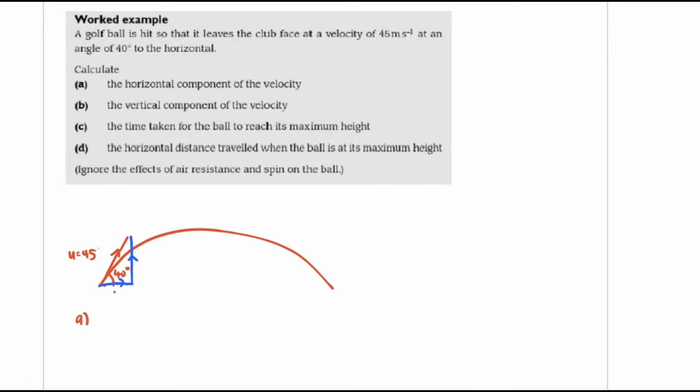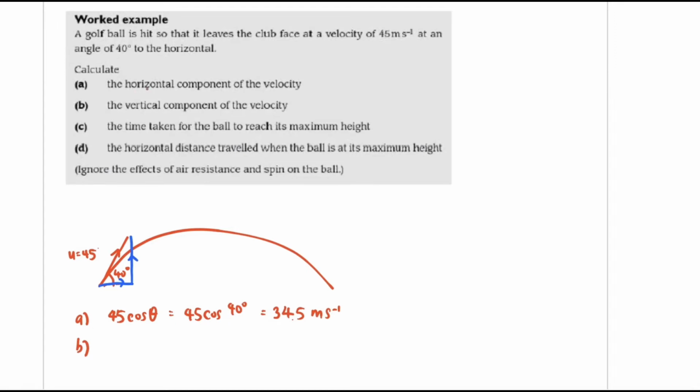Horizontal is the adjacent. Adjacent involves cos. So it's 45 cos theta, which is 45 cos 40 degrees. Then you press the calculator, you get 34.5 meters per second.